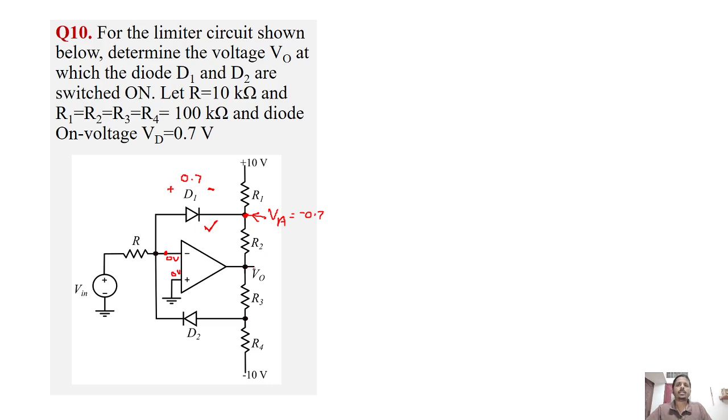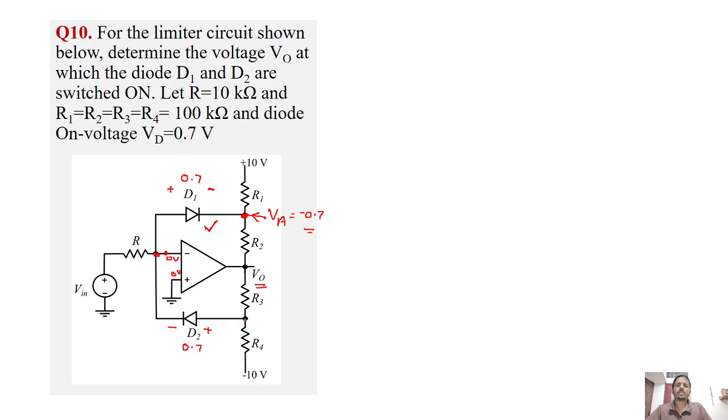So we need to find the value of V0 such that the VA, the voltage at this node, is equal to minus 0.7. Similarly, if we check the diode D2, when diode D2 is switched on, the potential drop across this diode is 0.7. Okay, so already we know this point is virtual ground.